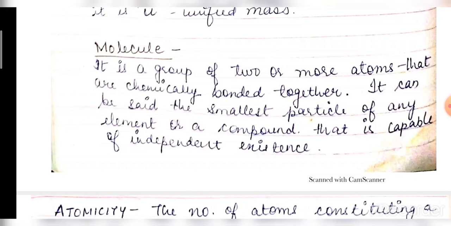So they make a bond with another atom and form a molecule, so that they become stable and can exist. So we have taken the definition of a molecule: when two or more atoms combine chemically with each other and are capable of independent existence, that is a molecule.